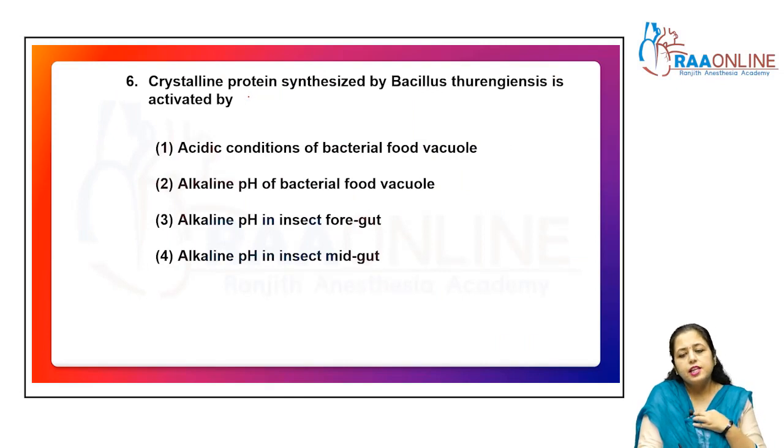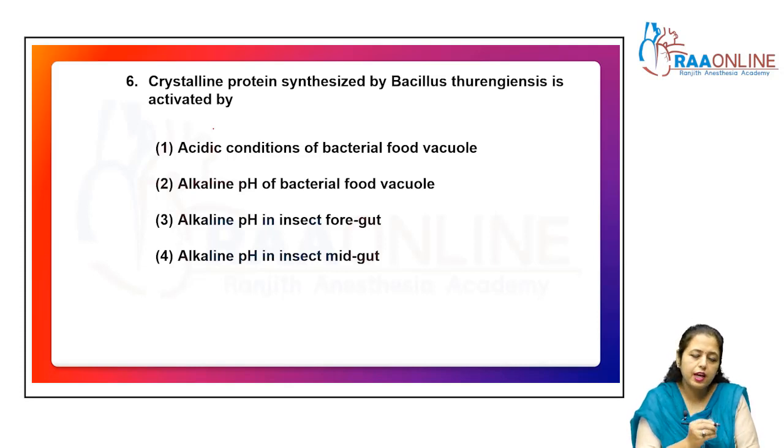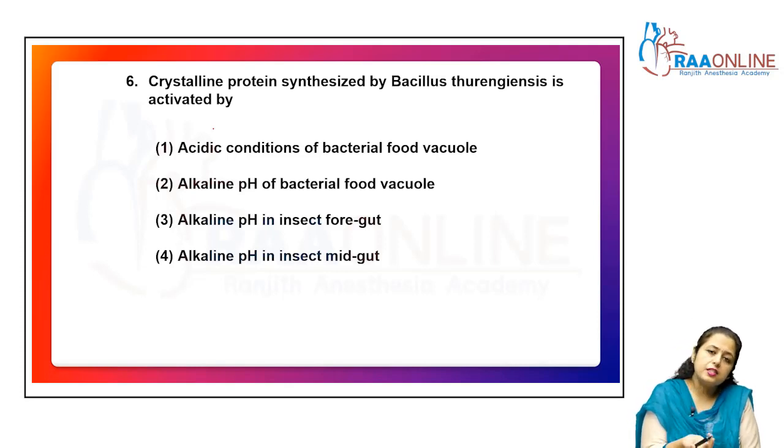The crystalline protein synthesized by Bacillus thuringiensis is activated by what? What will happen in that case? As we already studied, the Bt toxin is in an inactive state, but when the insect ingests it, it gets activated.